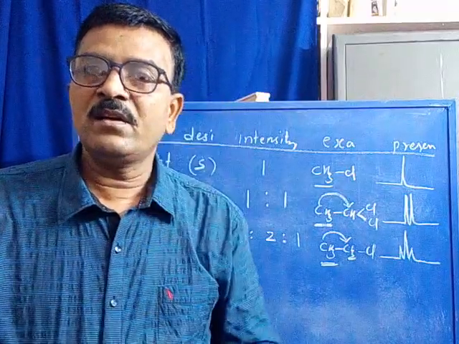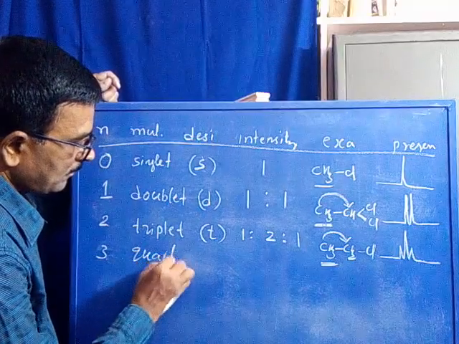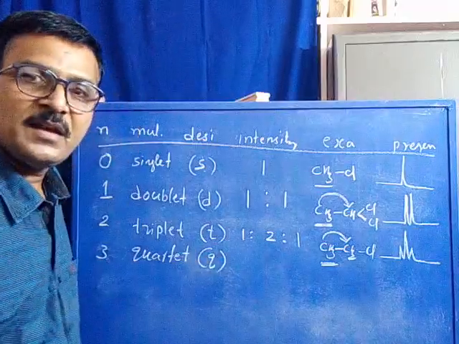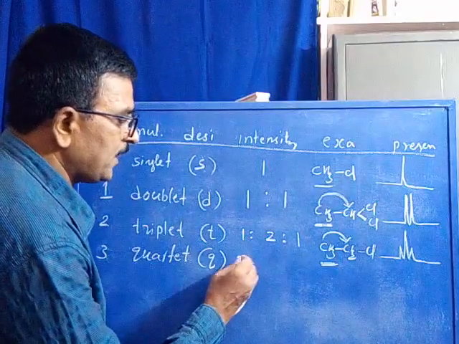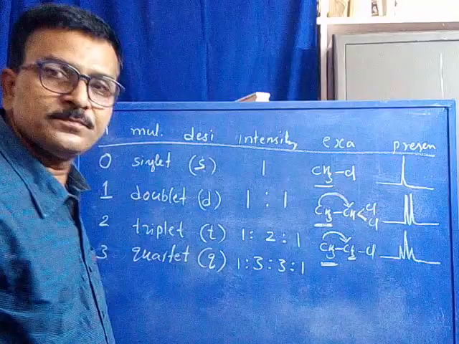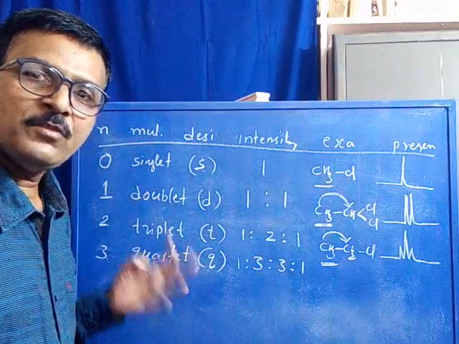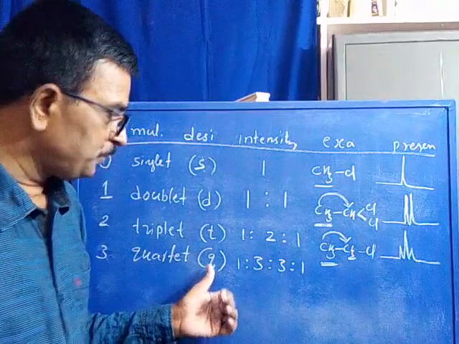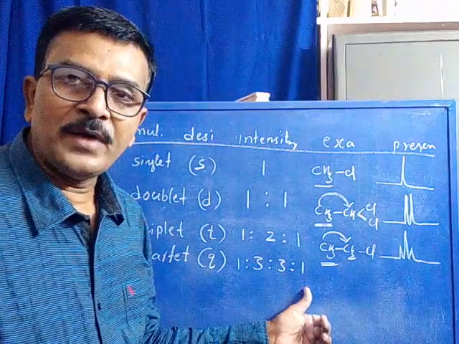The 4-line signal is called a quartet, represented with a small q. The 4 line intensities are 1:3:3:1.